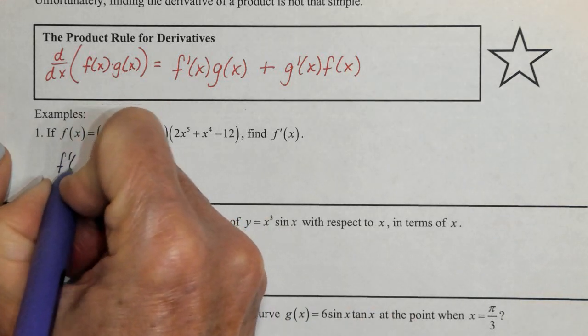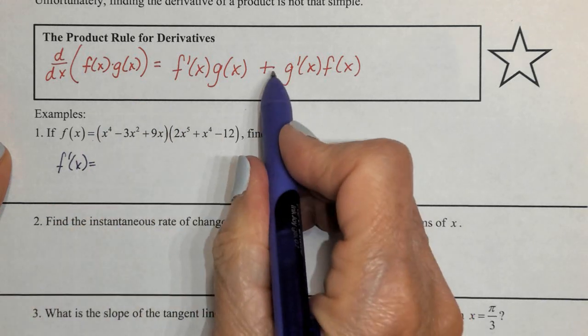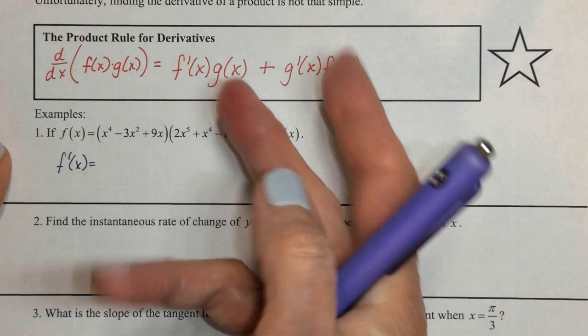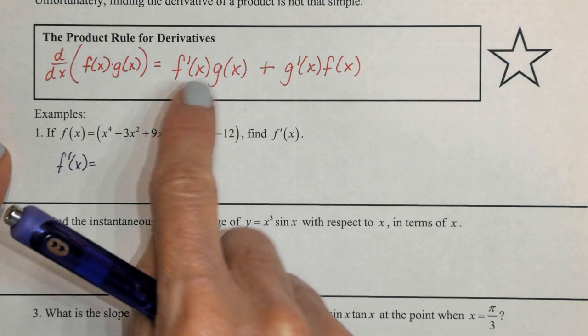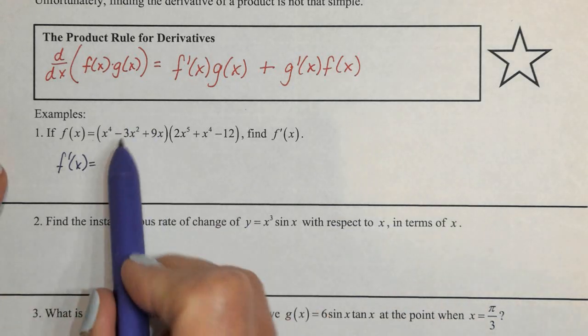So we start at our first function, and since we have a plus sign in between here, you could indeed switch these two. But I always do the first one first, because tomorrow we're going to get the quotient rule for derivatives. And in the quotient rule, you have to do the first one first, the top first. So I always do the first one first.